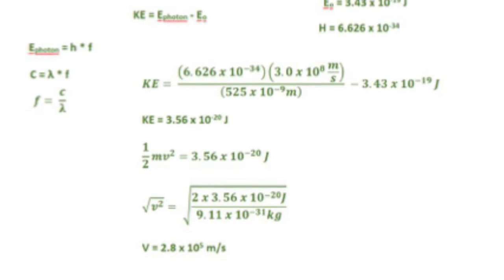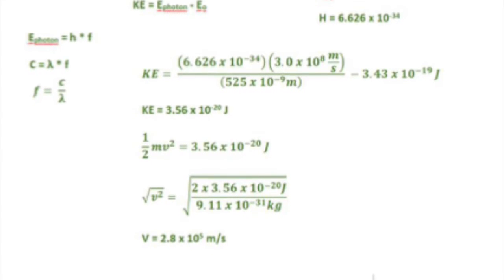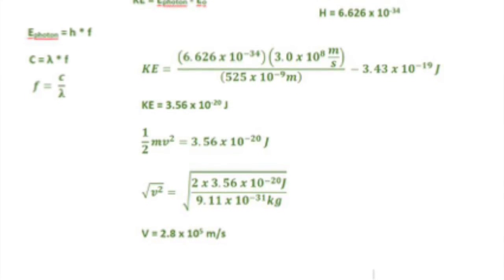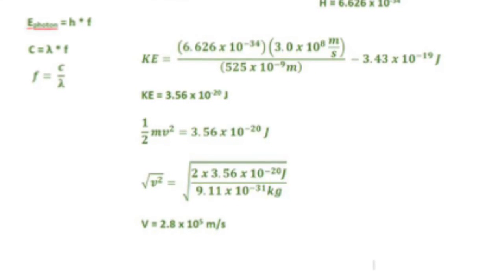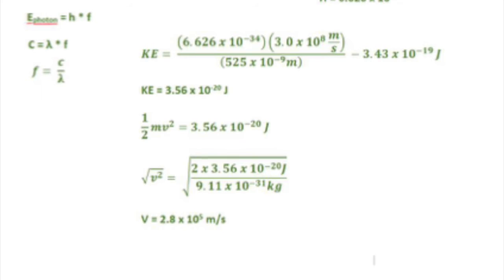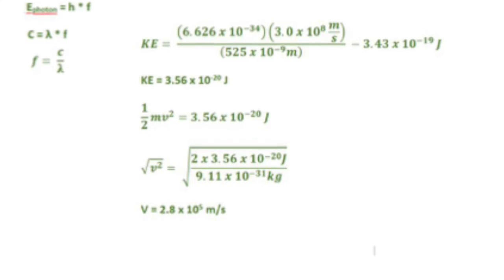So 6.626 times 10 to the negative 34 times 3.0 times 10 to the 8 over 525 times 10 to the negative 9 meters, minus 3.43 times 10 to the negative 19 joules. So the maximum kinetic energy is 3.56 times 10 to the negative 20 joules.